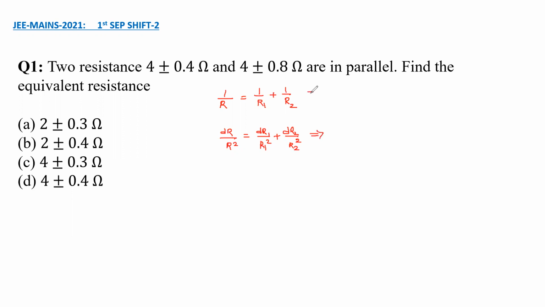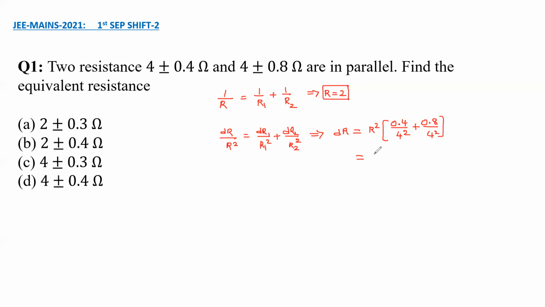And the above equation itself gives you R is equal to 2, which is very straightforward, so I'm not discussing that. So we need dR, which is equal to R square times dR1, which is 0.4 by 4 square, plus dR2, which is 0.8 by again R2 square, which is also 4 square.